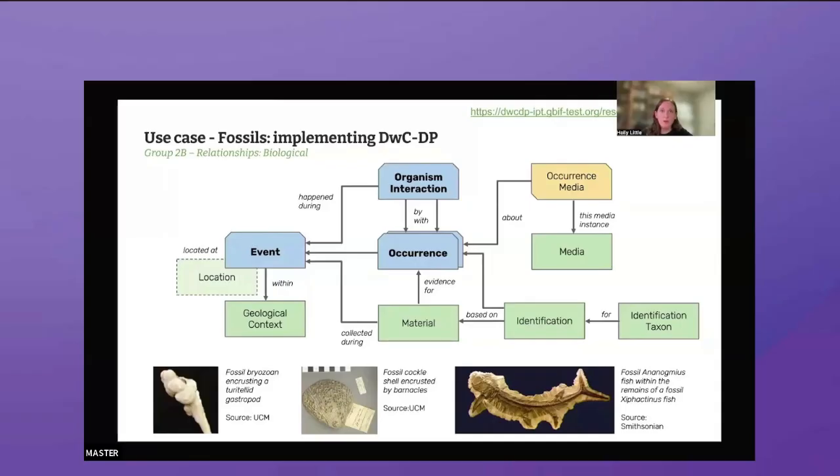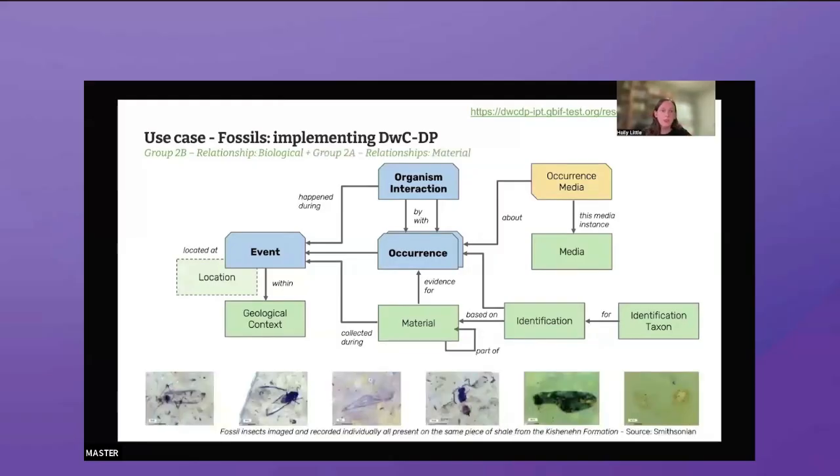In fossils, this can be found in many forms, including traces like insect damage on a plant, a single object that preserves encrusting of one organism on another, as shown in 2 of the images here, and an organism within another organism like these fish. Referring back to the need for clarity about what is physically present in the collection, adding the material relationship back into the biological relationship model enables us to fully describe many types of fossils.